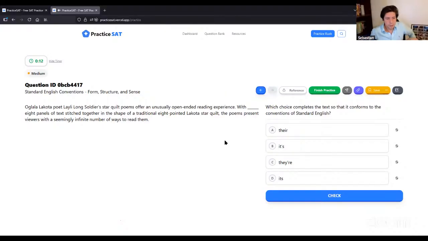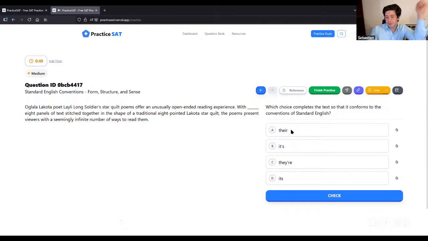Oglala Lakota poet Layli Long Soldier's Star Quilt poems offer an unusually open-ended reading experience, with blank panels of text stitched together in the shape of a traditional 8-pointed Lakota star quilt. The poems present viewers with a seemingly infinite number of ways to read them. Which choice completes the text so that it conforms to standard English?